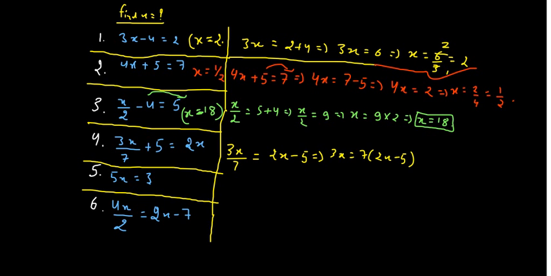Now solving, we are going to get, don't mind, I'm using this space, okay? So we are going to get 3x is equal to 14x minus 35. Remember, this 7 is going to multiply with all of this 2x minus 5 entirely, okay?